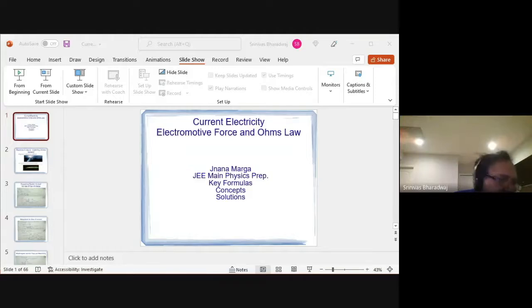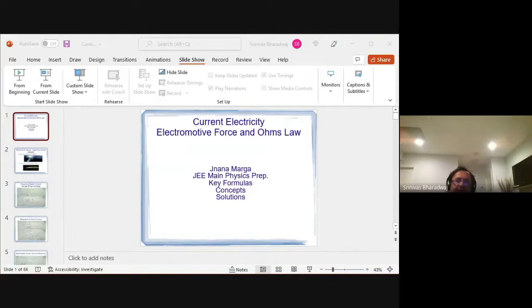So current is what? dq by dt, the rate of flow of charge. That's the first idea you must know, and you can never forget that. Current is measured in amperes. An ampere is just coulomb per second. Just like water flows, air flows, current flows.